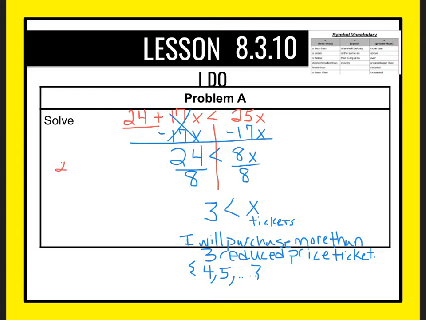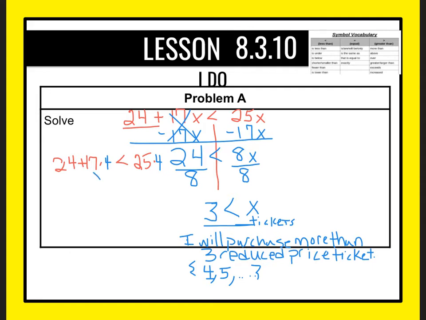Here's my reduced tickets, 24 plus 17 times, what did I get for my solution? More than 3. So I'm going to try 4. Okay? So when I go ahead and substitute that, I'm going to see if it's going to cost less than the regular price tickets at 25 times the 4 tickets.